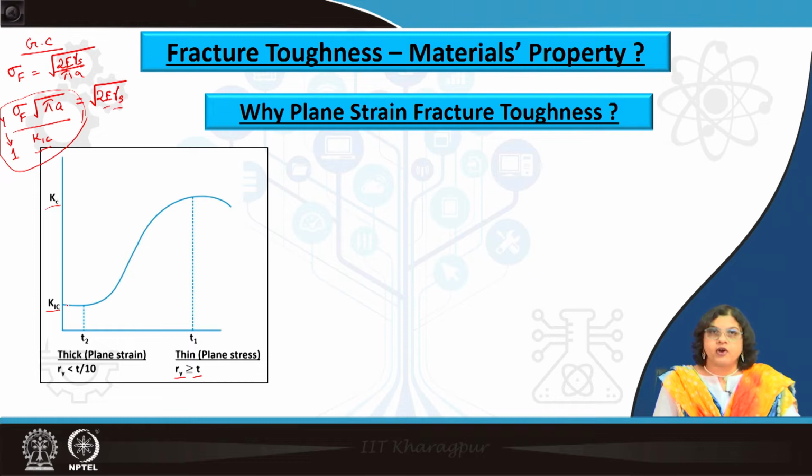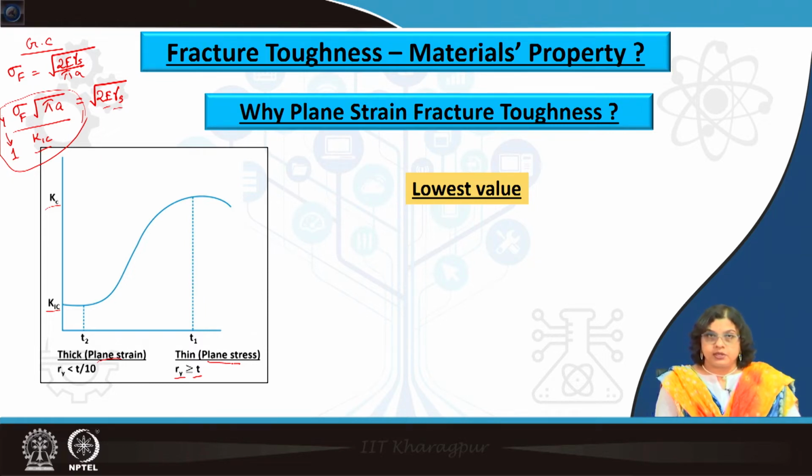Okay. Now, why do we consider plane strain fracture toughness as a materials property? What could be the reason for that? In both cases, be it plane strain or plane stress, we need a critical value of K for fracture to initiate or to lead to the final catastrophic failure. The main important point for plane strain is that it gives us the lowest value.